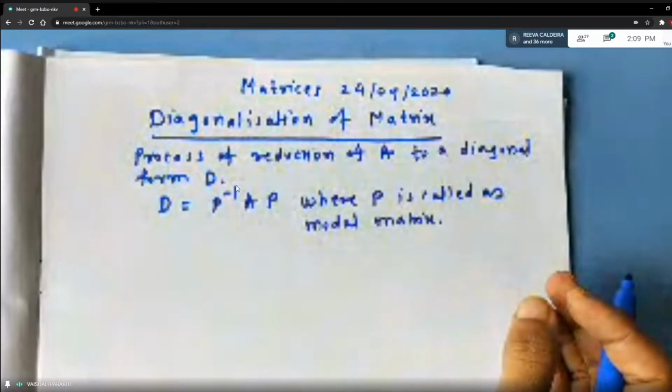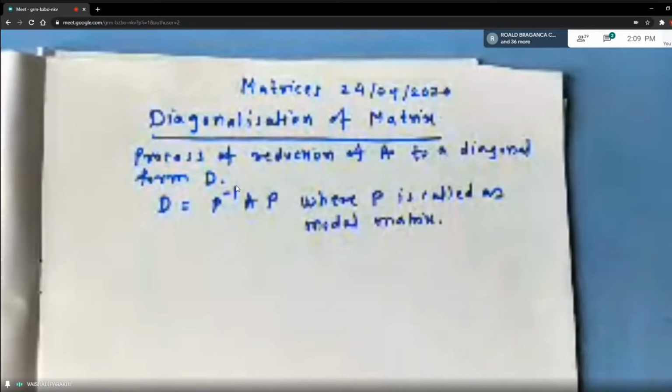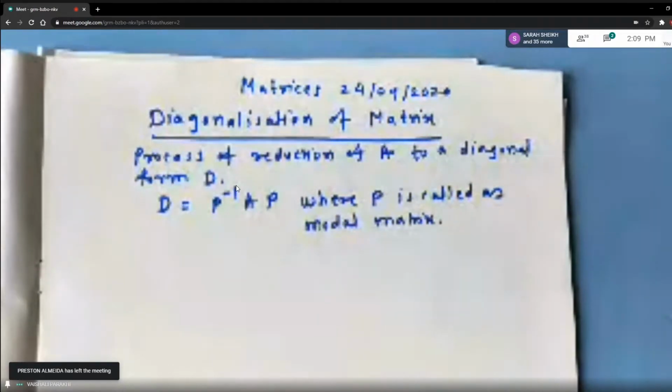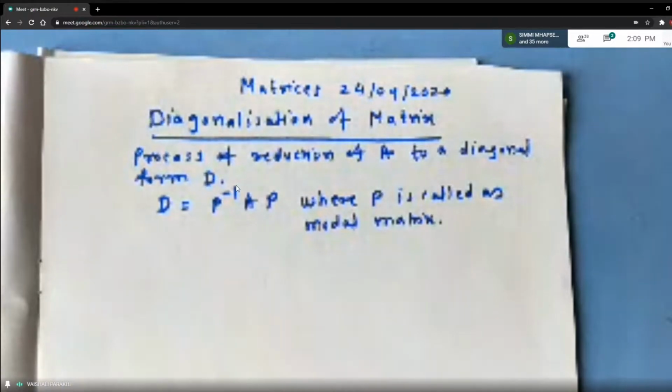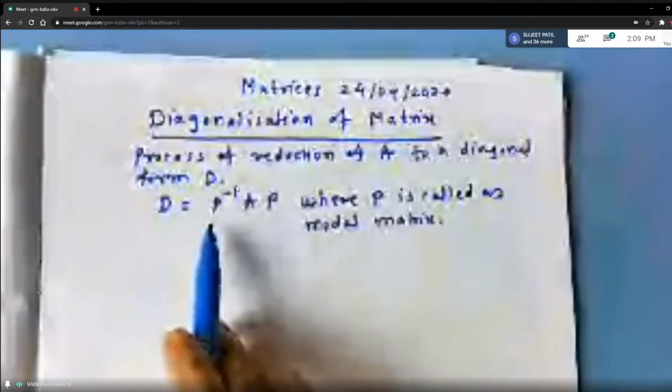So, when you start solving these problems, you are going to find eigenvalues, eigenvectors, and modal matrix P, in which the first column will be the first eigenvector, the second column will be the second eigenvector, the third column will be the third eigenvector. That is modal matrix P. Then you will find P inverse.